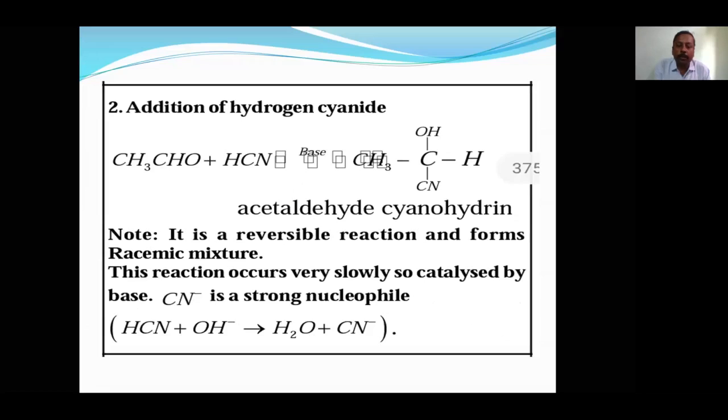Next one is addition of hydrogen cyanide. This is used in conversions. The previous example was used in distinguishing. This is used in conversions when you want to add one carbon atom. Suppose chloropropane to chlorobutane, when you want to increase one carbon, then this method is very, very important.